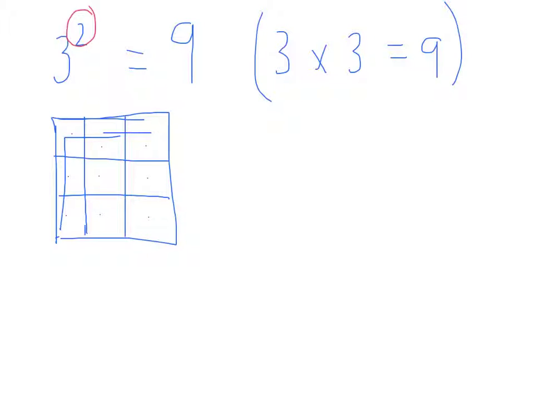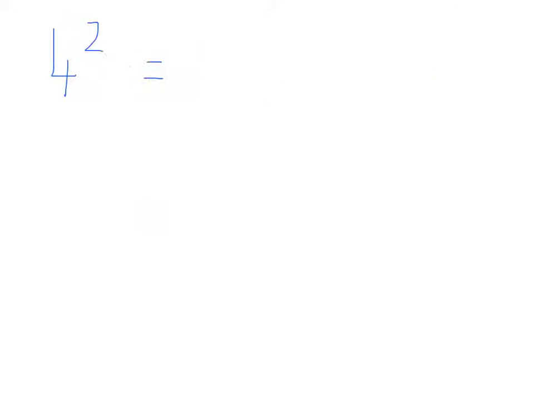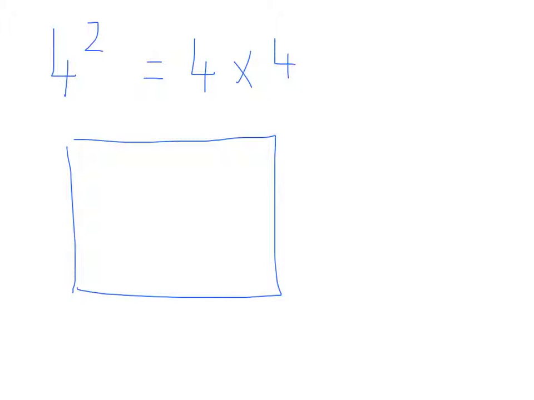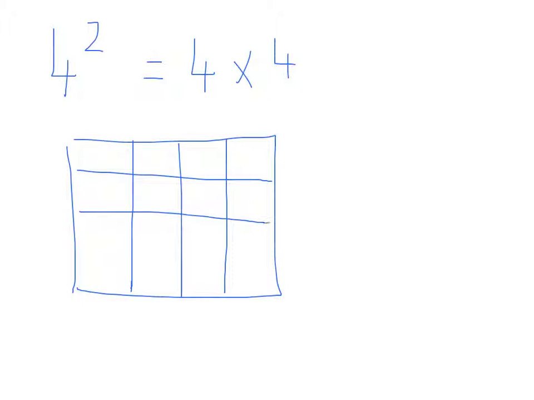Okay, let's have a look at another example. Now we're looking at our second example, 4 squared. Squared is just the 4 to the power of 2. So 4 squared means 4 times 4. And again, if we look at our grid, we're looking at 1, 2, 3, 4 across, 1, 2, 3, 4 down.